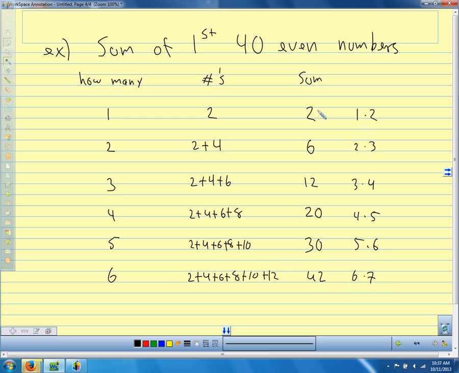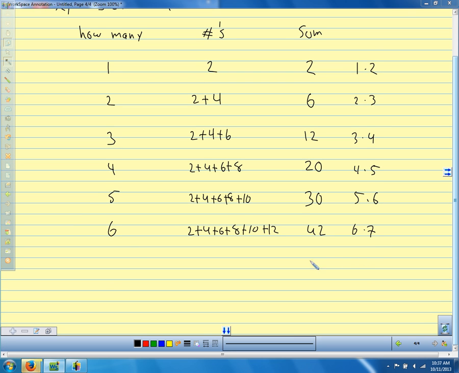So this one, 2, is 1 times 2. 6 is 2 times 3. 12 is 3 times 4. 20 is 4 times 5. And that pattern seems to match everything that we're doing here. So if we went all the way up to 40, dot, dot, dot, I'm not going to write out all 40 numbers.